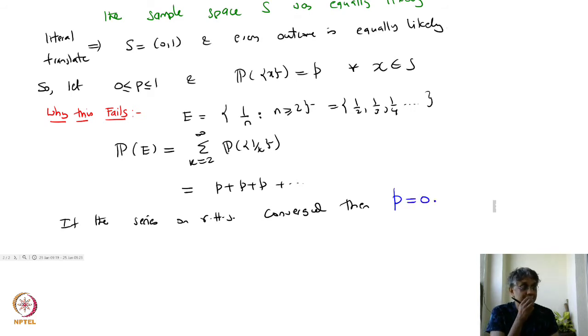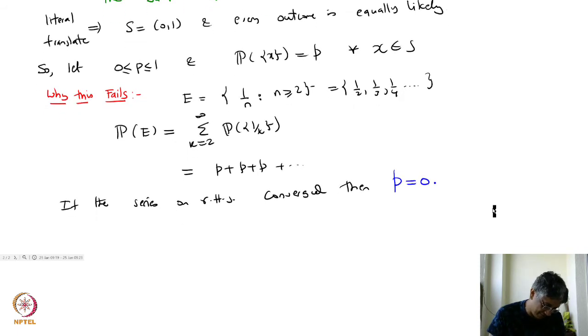Because if p is positive, then the right hand side will diverge to infinity, and the left hand side is a finite number. It's an automatic contradiction. So the first thing we notice is that p positive cannot happen.